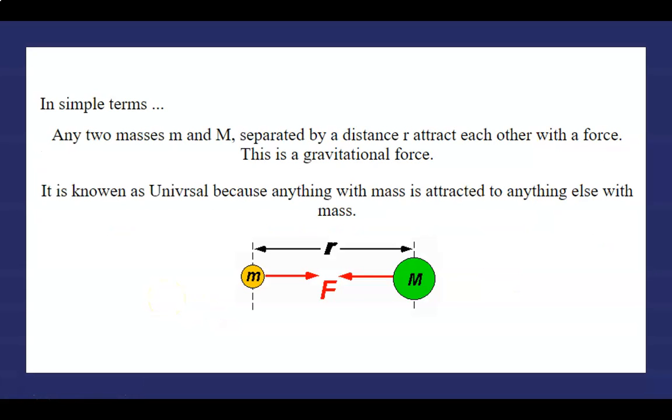Right? So in simpler terms, the attractive force between two masses is proportional to the multiplication of the masses divided by r squared, and it's known as universal because anything with mass will attract anything else with mass.